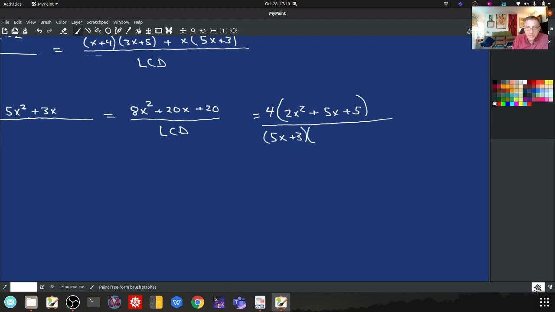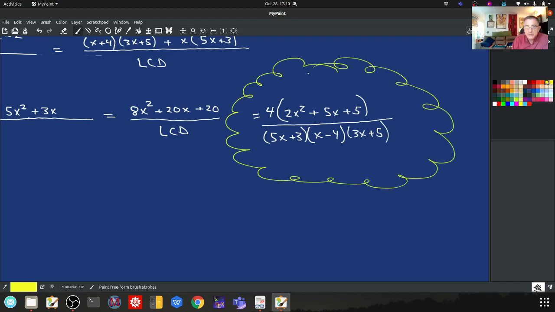Remember, you have this written down earlier, so all you have to do is look up and copy it correctly. And we're done. And that is the final answer. Do not multiply out. Leave factored.